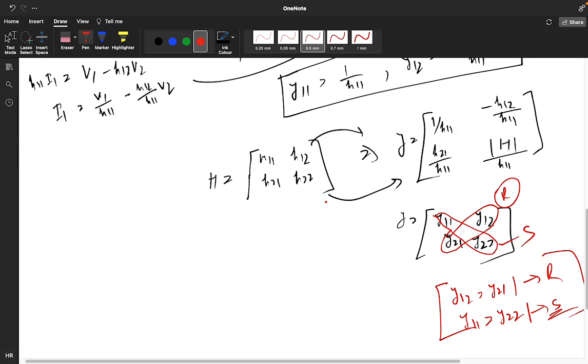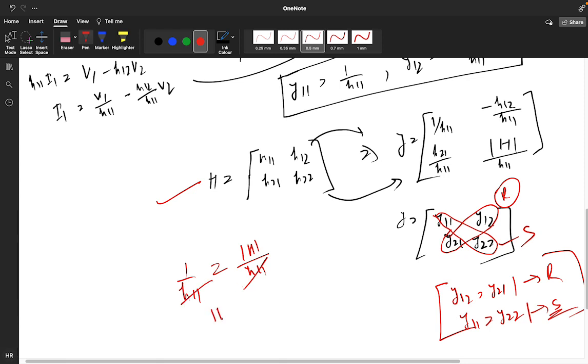Get the result for the h parameter. For the h parameter, what could be the property for reciprocity and symmetricity? Substitute it: y11 is equal to 1 upon h11, and y22 is equal to determinant of h divided by h11.